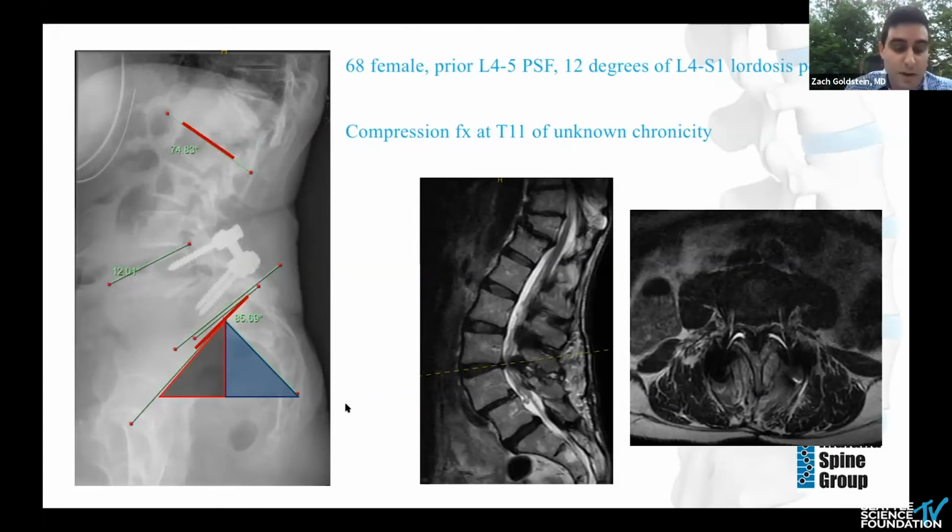As you can see from the lateral x-rays, she has a very large PI of 85 degrees. But interestingly, despite her low lordosis at L4-S1 of only 12 degrees, she is fairly well balanced in terms of overall lumbar lordosis of 74 degrees, given her hyperlordosis of her upper lumbar spine, with L1 to L4 contributing 62 degrees of lordosis.